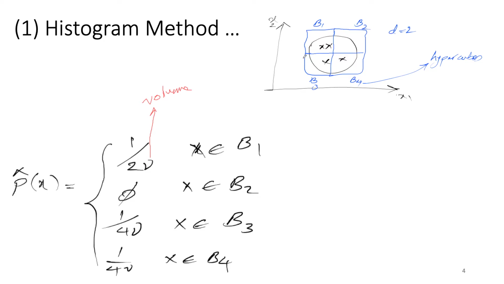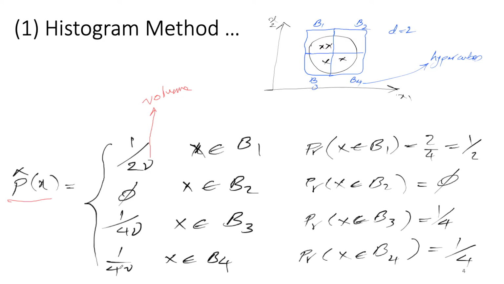B2 contained nothing, so the p hat, the estimate of probability, is going to be 0 for all the x's within the hypercube B2. On the third one we have 1, and on the fourth one also 1, so 1 out of 4, which becomes 1/4 of V. We can see that the real probability was the same here, so our density estimation was correct.